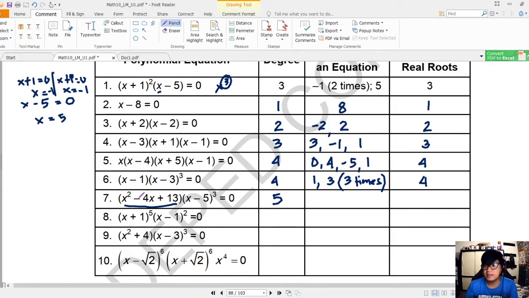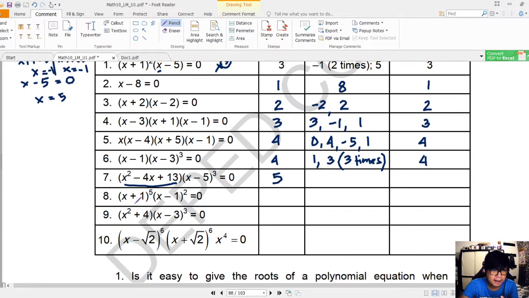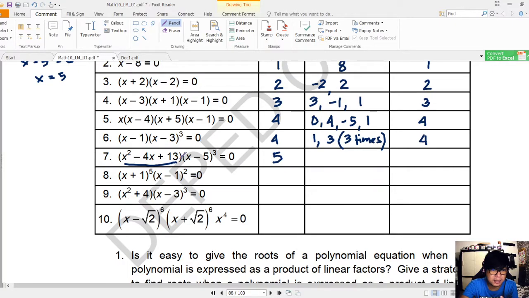So, pwede nyo gamitan siya ng factoring, extracting the roots, completing the square, and using the quadratic formula. So, diba yun yung mga ginagamit natin during your grade 9.